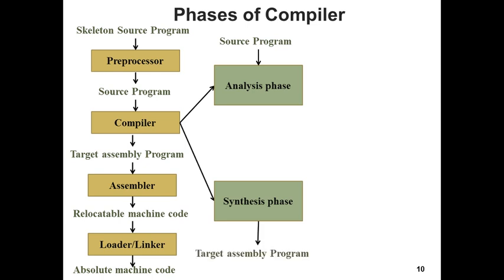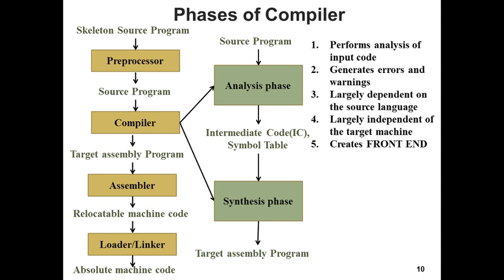The output from the synthesis phase is the target assembly program, that is again input to the assembler. The analysis phase will generate an intermediate code representation of the original source program, that is nothing but a compact representation of the source program, and it also generates the symbol table. So this intermediate code and symbol table are input to the synthesis phase.